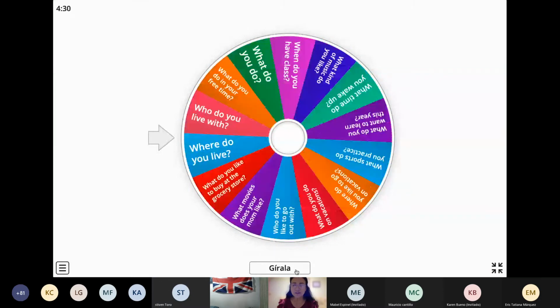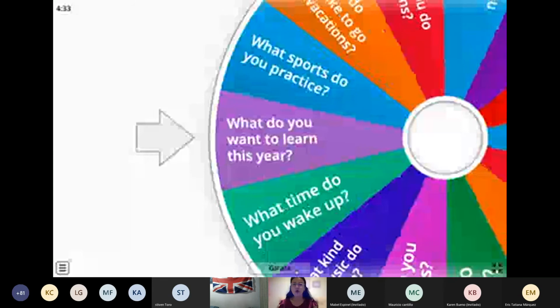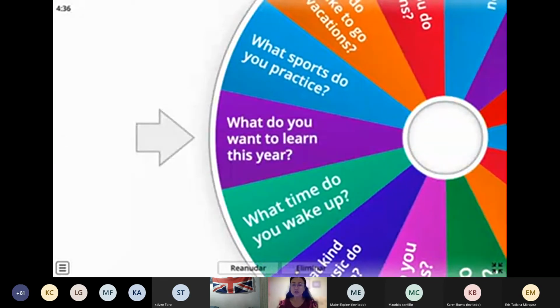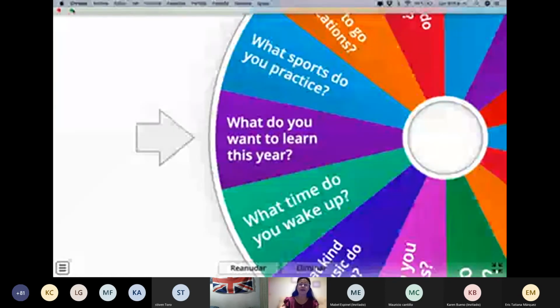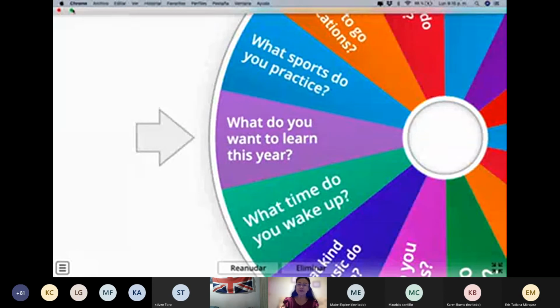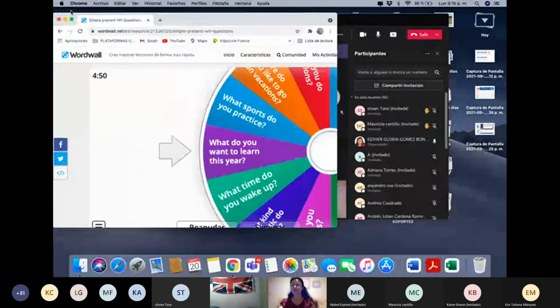The next question is, what do you want to learn this year? Okay? Remember, think about the possible answer and what is the possible question for this.